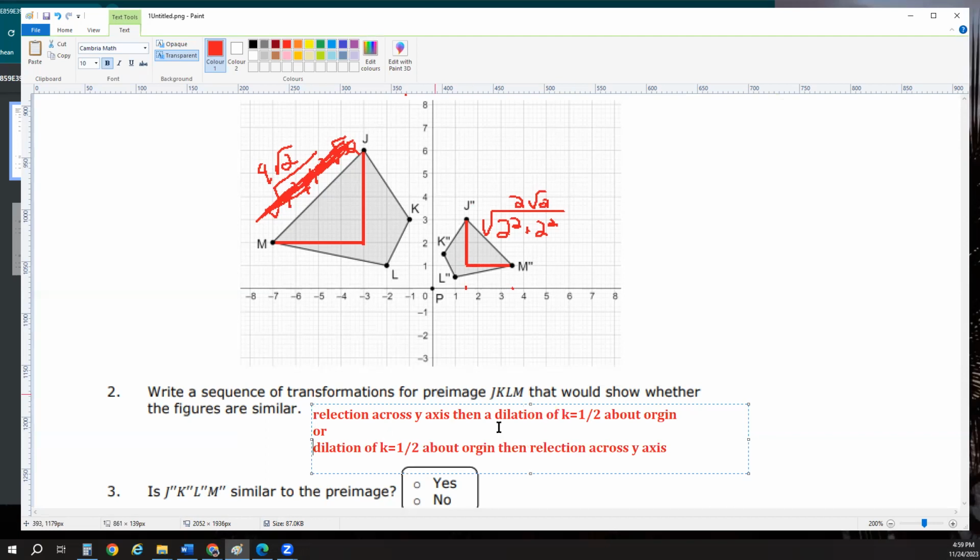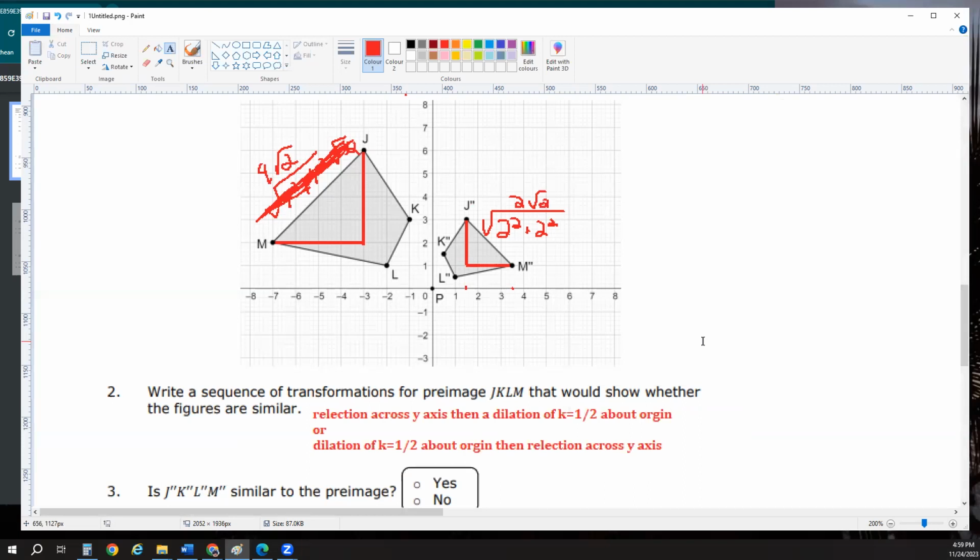And then you could write the algebraic expressions. So the algebraic expression for reflection is x comma y.